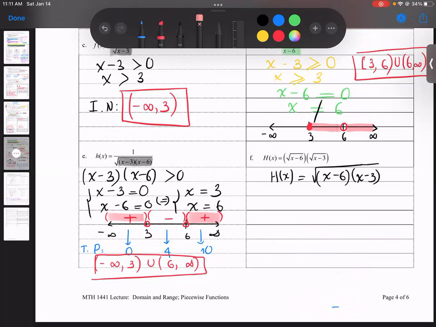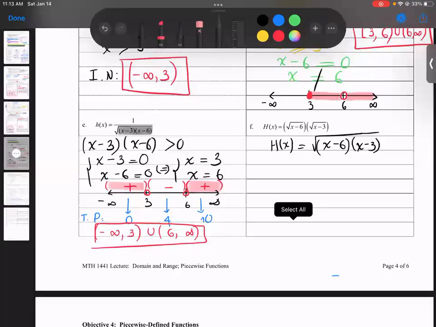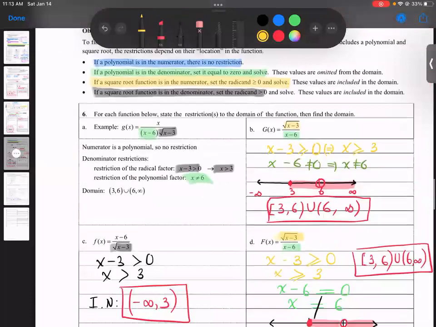Okay, so as you can see, let me highlight it in yellow. So, as you can see, if your square root function is in the numerator, set the radicand greater than or equal to 0, right?